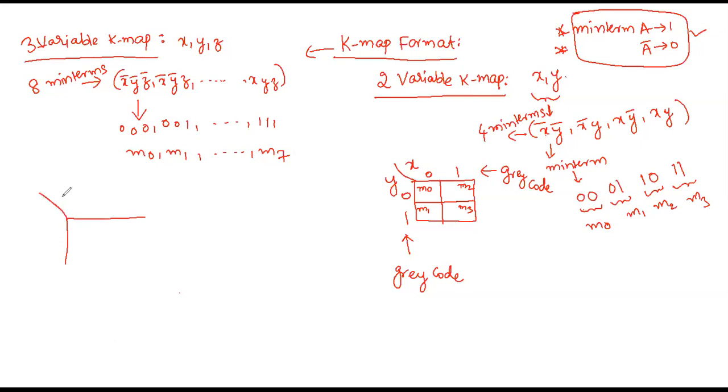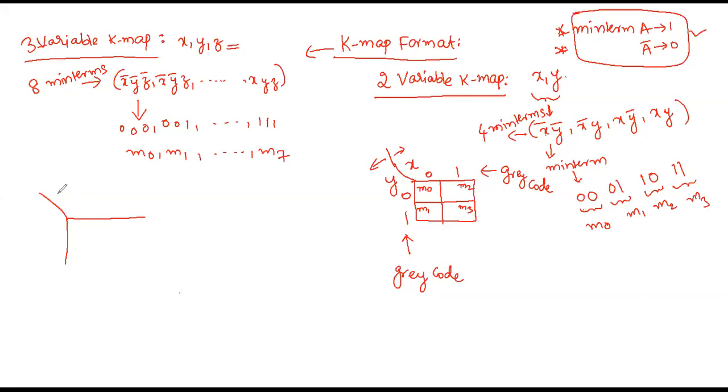At the corner you have to write the variables. How many variables are we having? Three variables. Where two variables were there, I gave one variable on one side and another variable on the left side. But here I can't divide three variables into two equal parts.